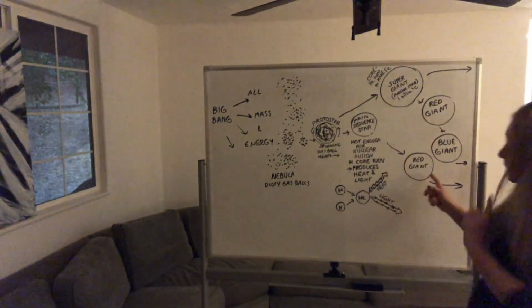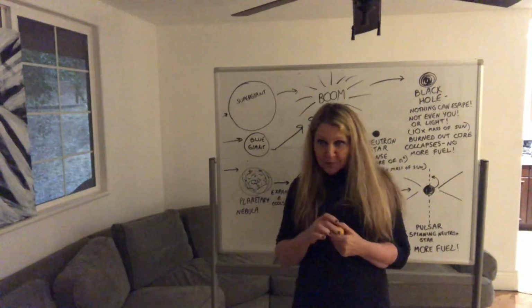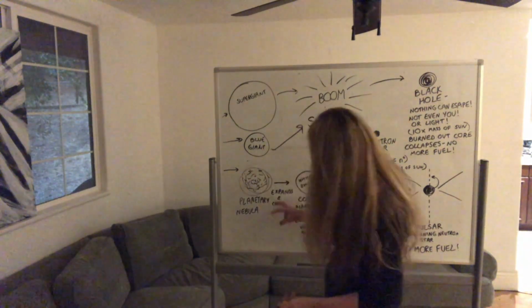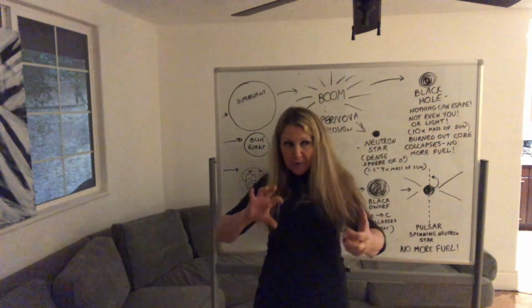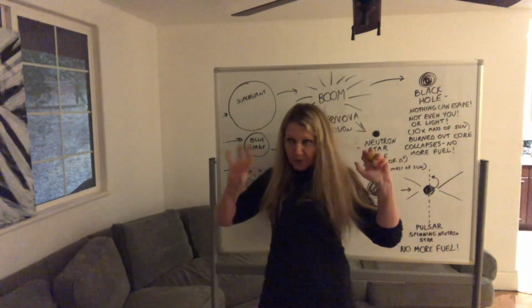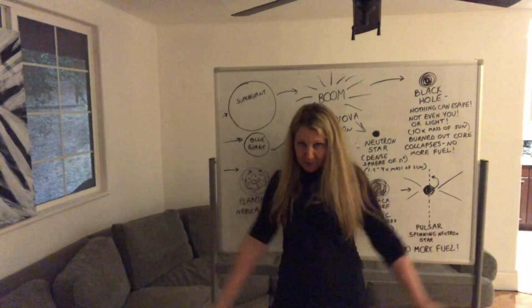So here we have a red giant. Once the red giant is formed, the outside of it is made of hydrogen gas, and that hydrogen gas starts to spread out, expands in space.